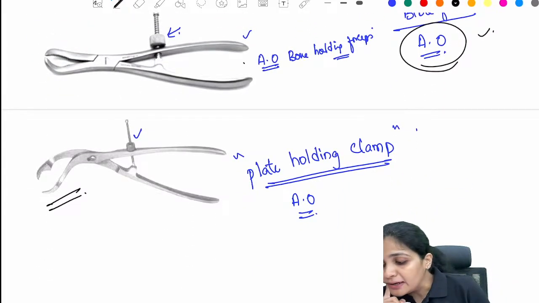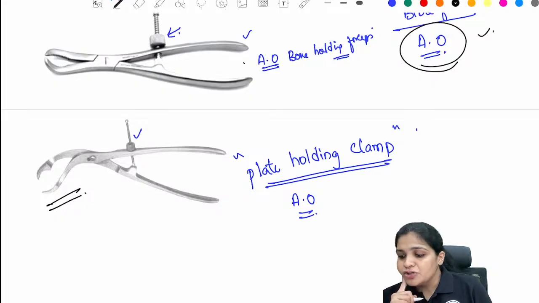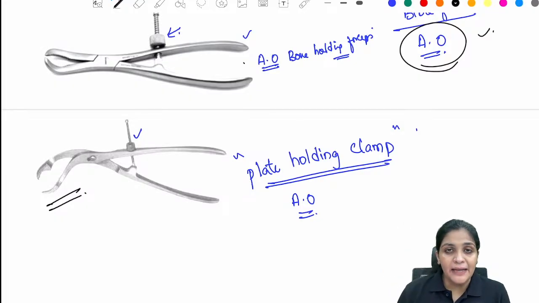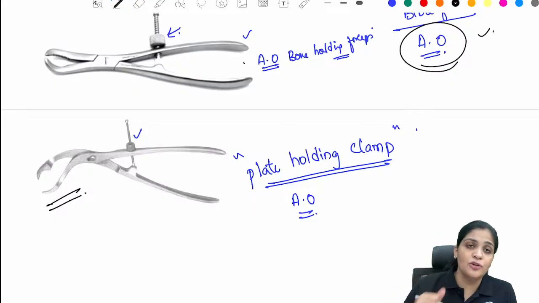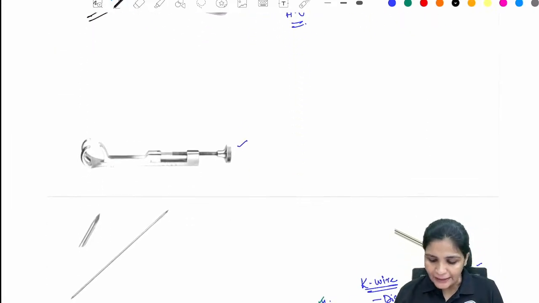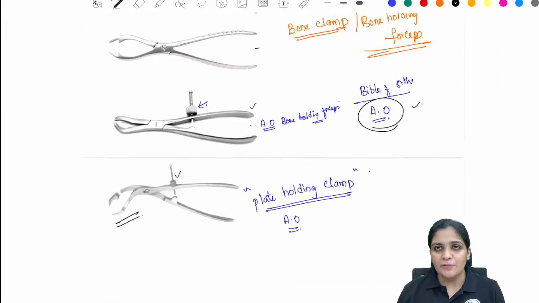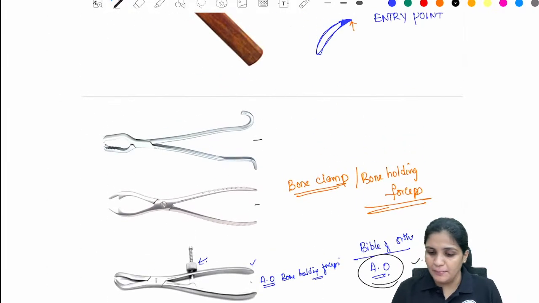Yes, it is also used for debridement and curettage. I told you, once you reduce the fracture fragments, you have to put the plate, and this plate you will hold with the plate holding clamp, right? So these are some of the instruments which you have to remember.